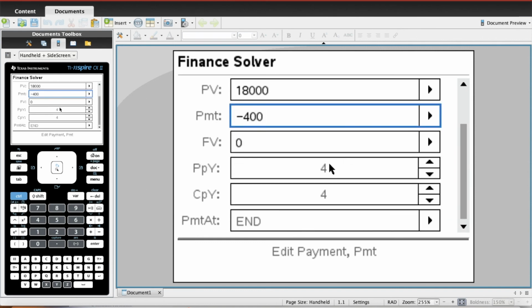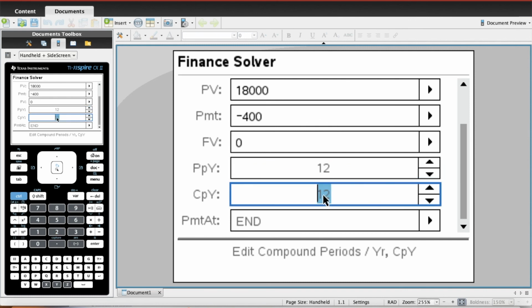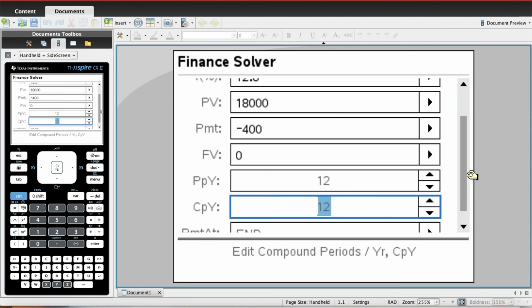We're going to put in 12 payments per year and 12 compounds per year. So this is like the second way that we did option A earlier, right? I want it to compound 12 times a year. I want to make 12 payments per year.